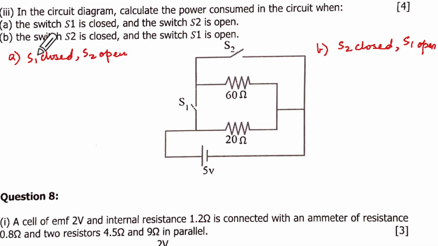Okay, now if S1 is closed, remember this will be shut, so we will have the current going this way. Now this is open, so this will not be part of the circuit. Understanding? So it's better to show the diagram for clarity.